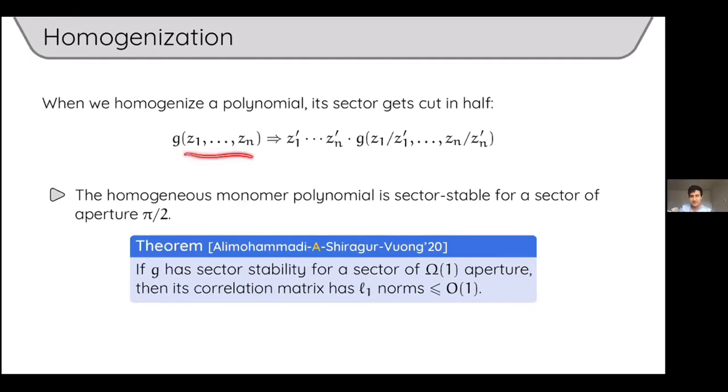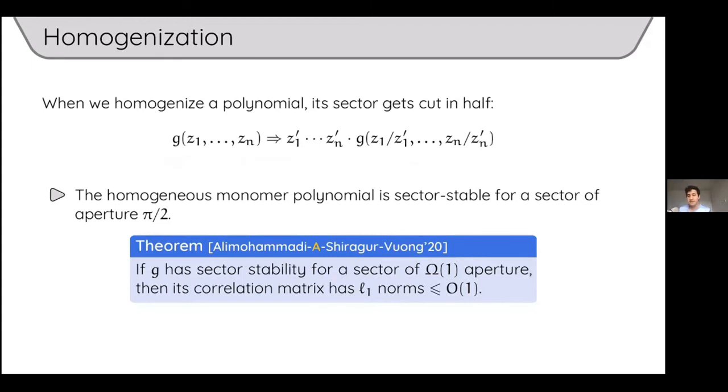So if z1 up to zn corresponded to being inside a monomer set, z1' up to zn' correspond to not being inside the monomer set. And then you homogenize using these variables. For each term, whenever there is zi, you do nothing. Whenever there is no zi, you multiply by zi'.